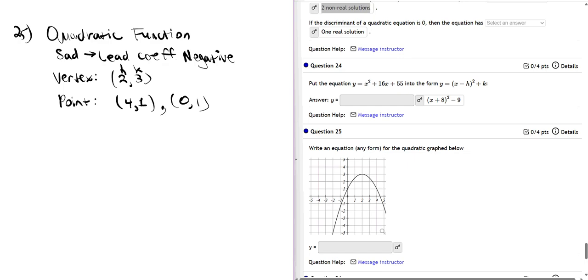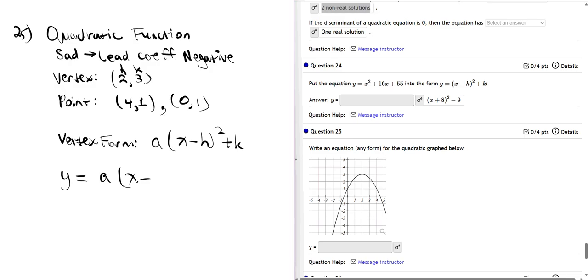So now my vertex form of a quadratic equation, which is a times x minus h quantity squared plus k, I can use that here and say that since my h is 2 and my k is 3, I can write it like this.